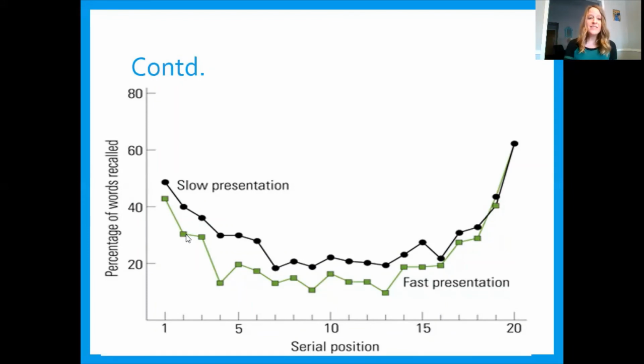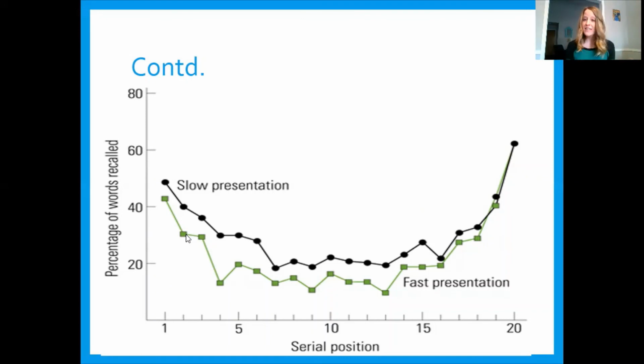And when we see this facilitated performance for all of the other words, the words at the beginning and the middle of the list, what's facilitating that with the slower presentation, the longer time to memorize, is that they have more time to repeat and rehearse and transfer that information to long-term memory.